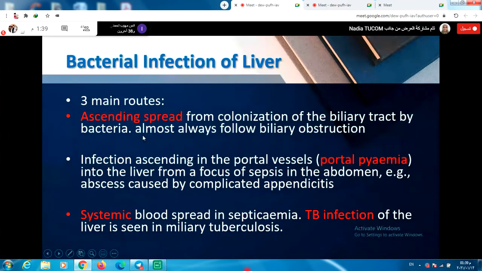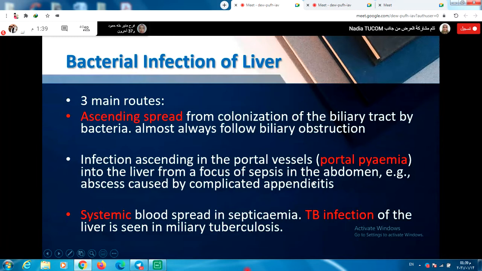It almost always follows biliary obstruction by a gallstone or common bile duct tumor. Second, infection ascending in the portal vessel, coming from the portal circulation, from any focus or sepsis in the intestine, in the bowel, like abscess, complicated appendicitis, diverticulitis, and so on.